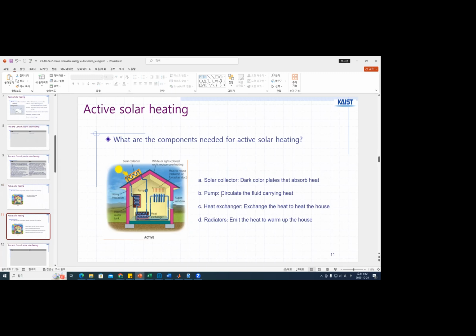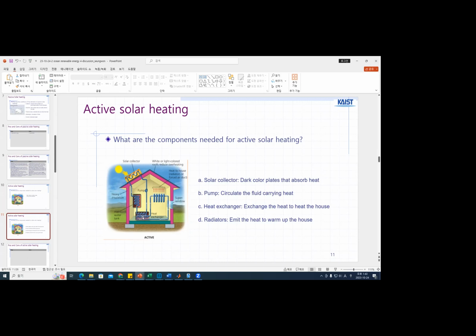And also we have to use a pump to circulate the fluid carrying the heat. While the fluid is circulating in the line, it is heated in the solar collector. And then when it moves to the water tank, it emits the heat into the water, so it heats up the water in the water tank. And also we need the heat exchanger, to exchange the heat to other fluid lines to heat up the house.